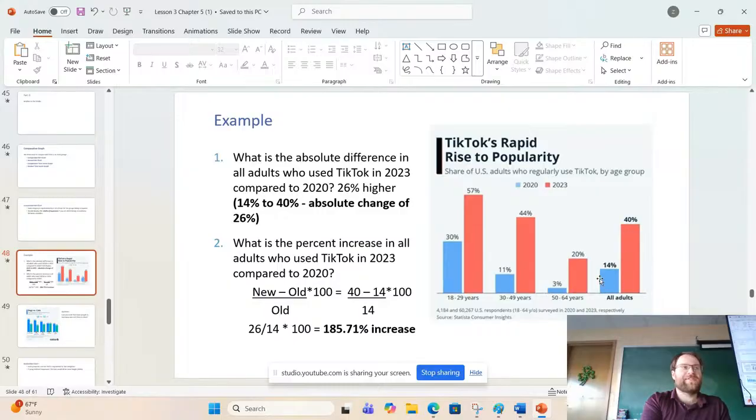That makes sense because if we were doubling from 14 to 28, that's a 100% increase.